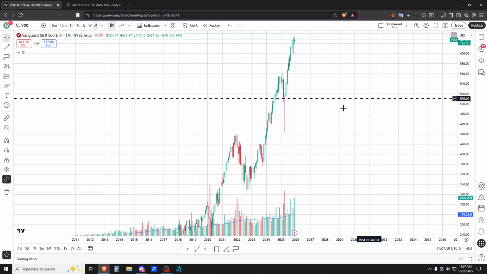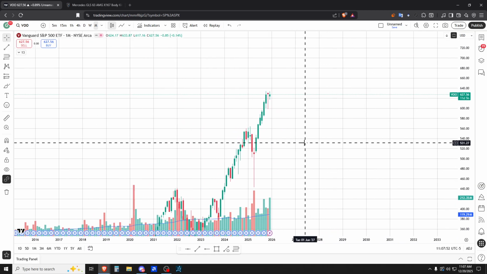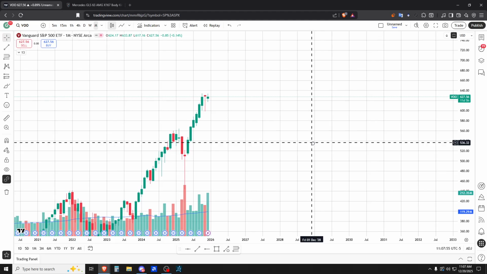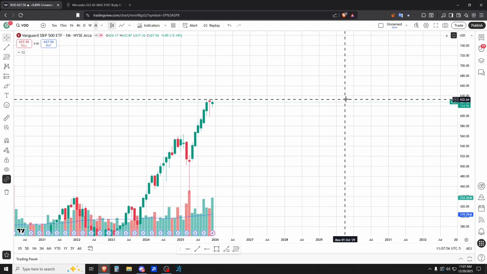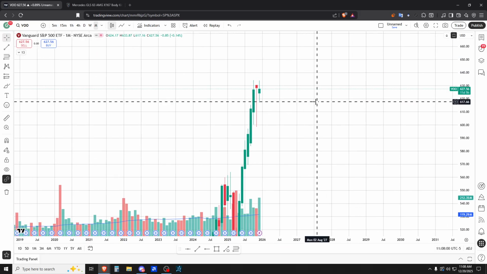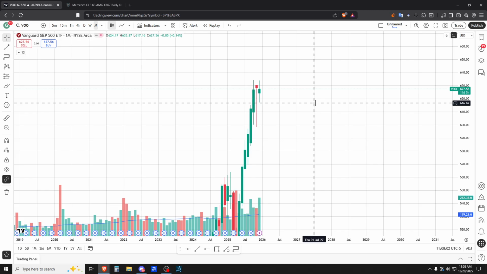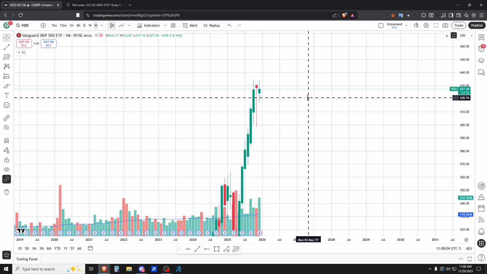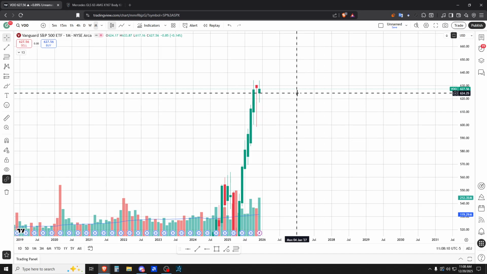You can definitely see where price has gone the highest and the lowest off the monthly. You can use it on the hourly or daily time frame, however you want to do it. That's all.